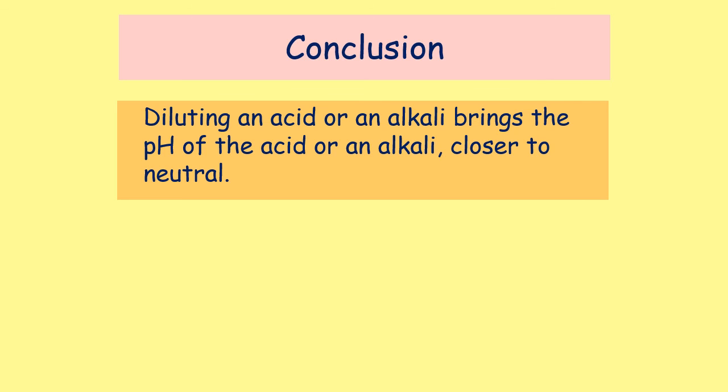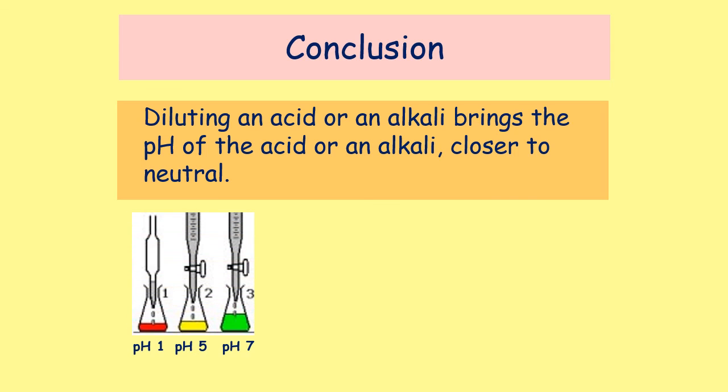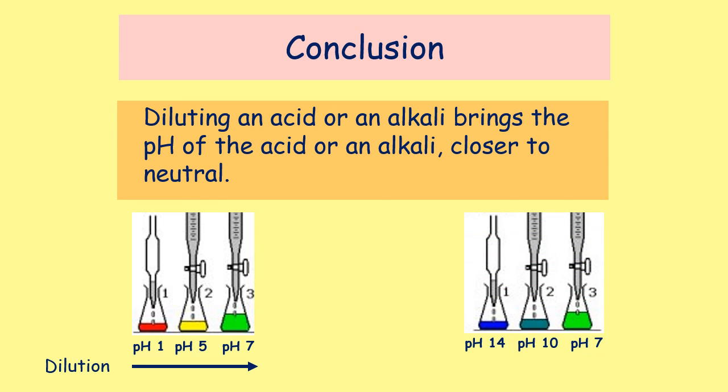If you dilute something that's neutral, it will just stay at pH 7. So if you have an acid and you're diluting it, you can go from pH 1 to pH 5, and you can get it maybe to go to pH 7. For an alkali, if you're diluting it, you can go from pH 14 to 10 to maybe 7.